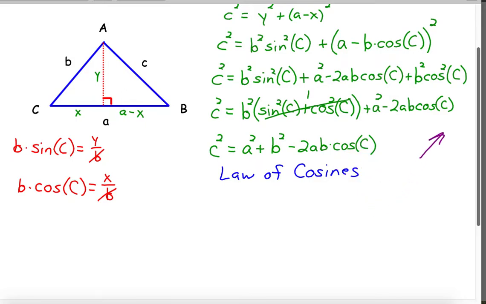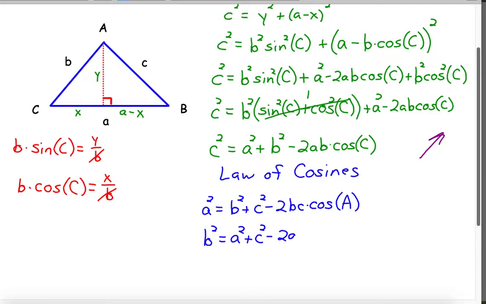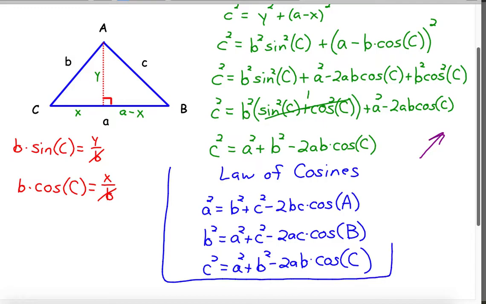So there's actually three different equations we could write out. So we could have A squared equals B squared plus C squared minus 2 times B times C times the cosine of angle A. Or we could have B squared equals A squared plus C squared minus 2 times A times C times the cosine of angle B. Or finally, the one that we just proved, C squared is A squared plus B squared minus 2 times A times B times the cosine of angle C. And so there you have your law of cosines, which will help you solve triangles.